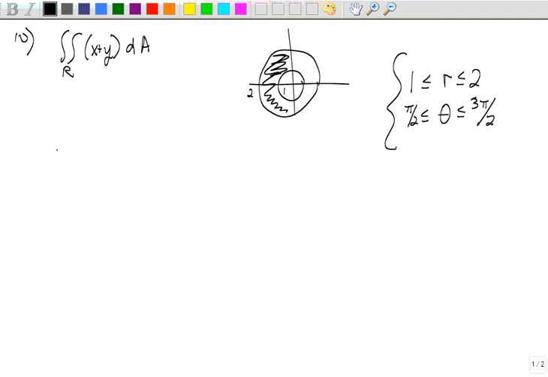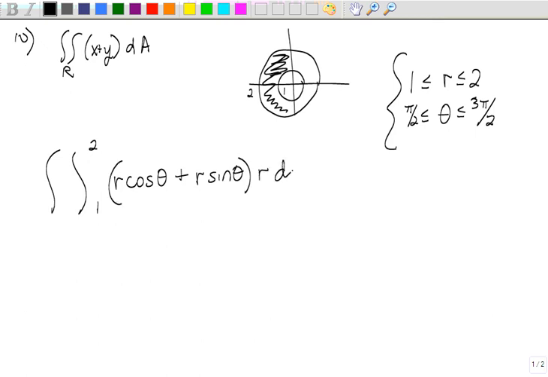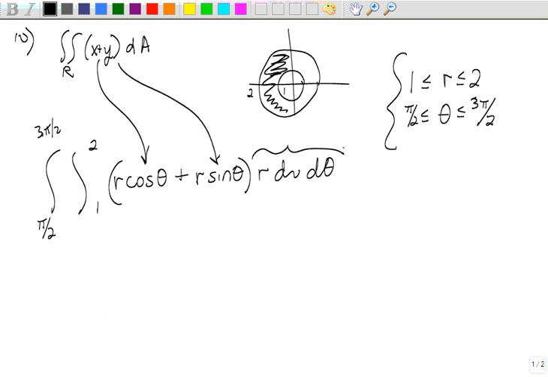So we integrate from 1 to 2. We change x to r cosine theta. We change y to r sine theta. R dr d theta, and theta is from pi over 2 to 3 pi over 2. So this is x, this is y, and this is dA.